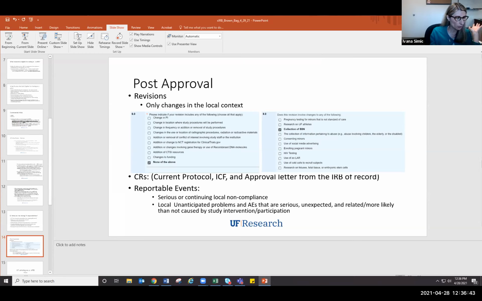All these would be examples of changes that would require a local submission, because those are locally relevant matters. However, if none of these items are listed as changes, then a revision wouldn't be submitted.